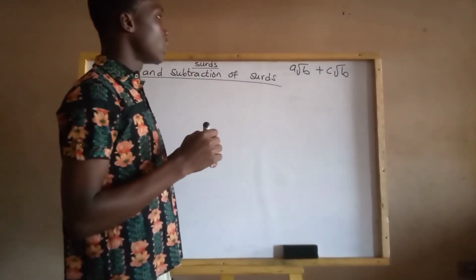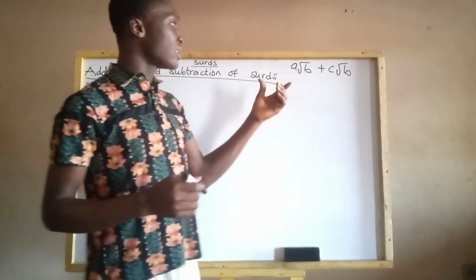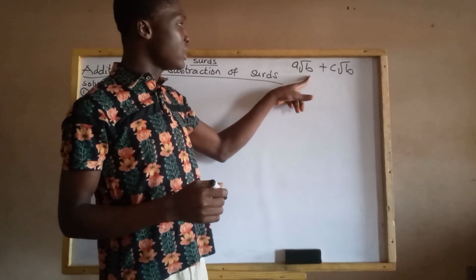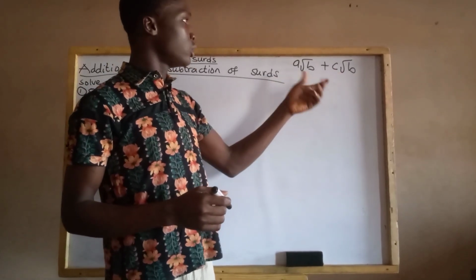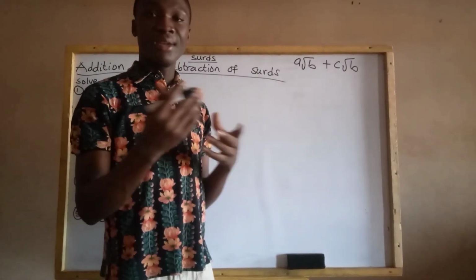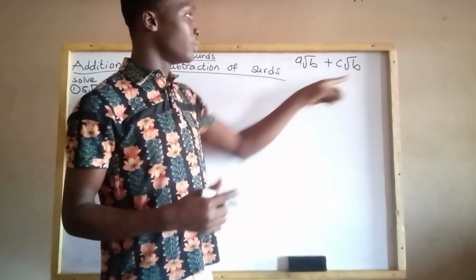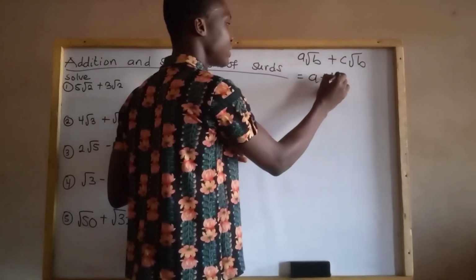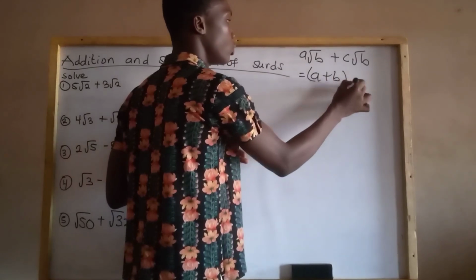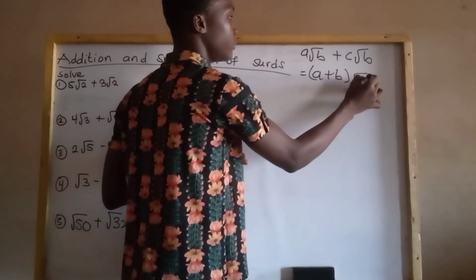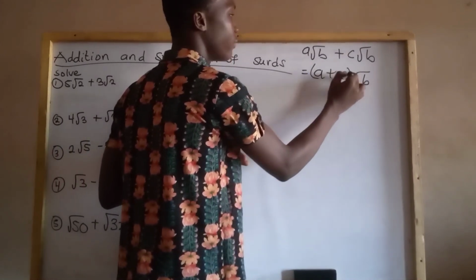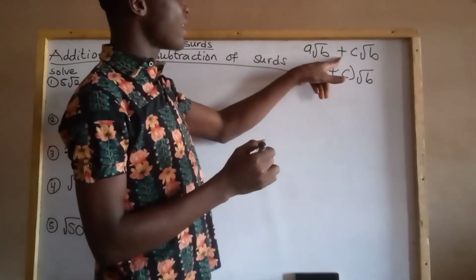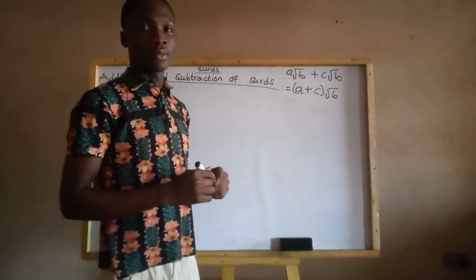This is possible. We can add this because we have root b here and root b here. So these surds are of the same roots, root b and root b. Adding this, we get a plus c root b.